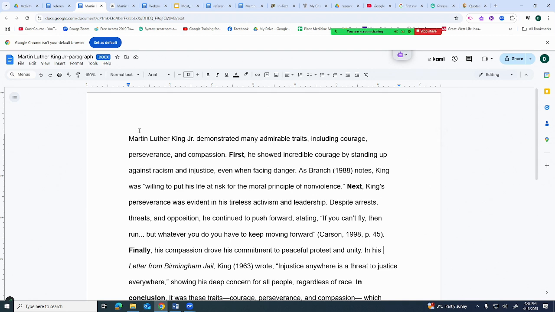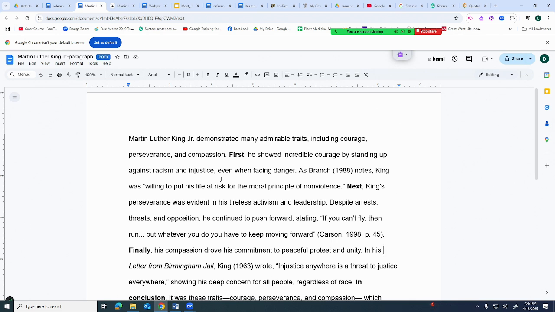All right, so I introduced you to what the sentence is about, Martin Luther King and his many admirable traits, and I also introduced you to the topics or the supporting sentences or information, the examples that I was going to include in the paragraph. Courage, perseverance, and compassion.